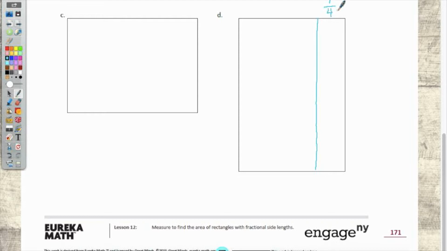The side or the width. Gracie, what'd you get for the side? I have no idea yet. Okay, just let me know when you get it. 2.5? You guys agree? No. Look at it again.